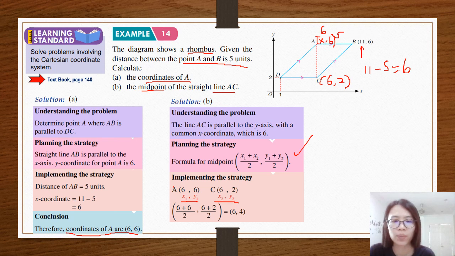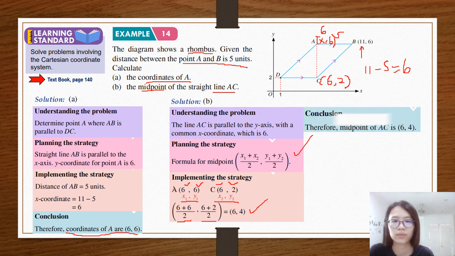So x1 plus x2, 6 plus 6 divided by 2, y1 plus y2, so 6 plus 2 divided by 2. At the end, you can get the midpoint of line AC, which is 6, 4. So conclusion, the midpoint of AC is 6, 4.